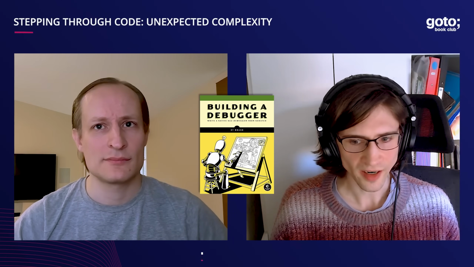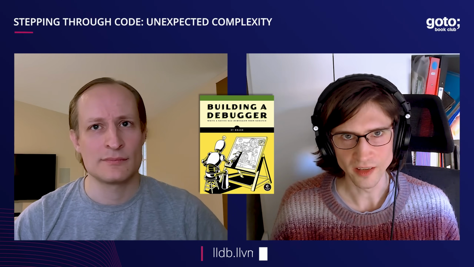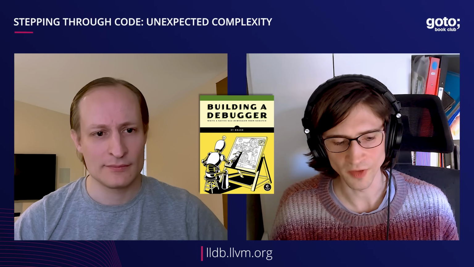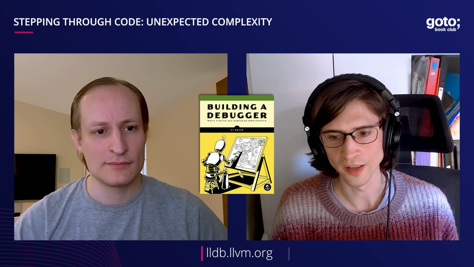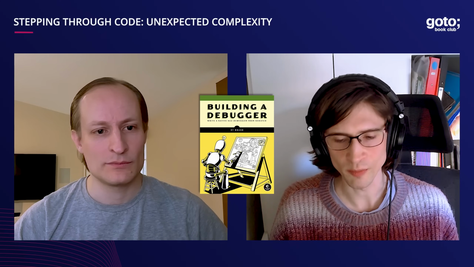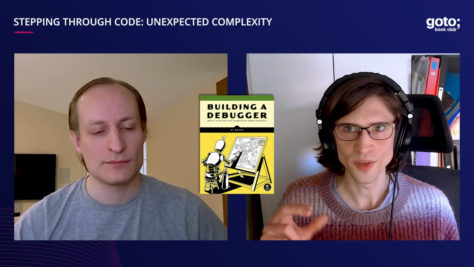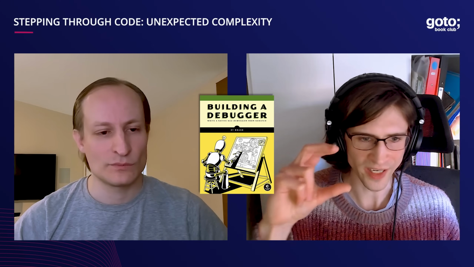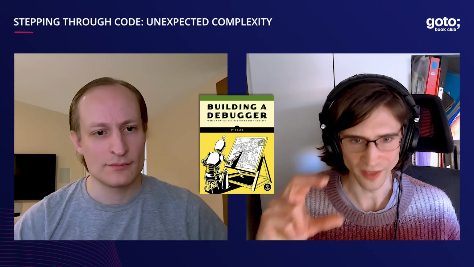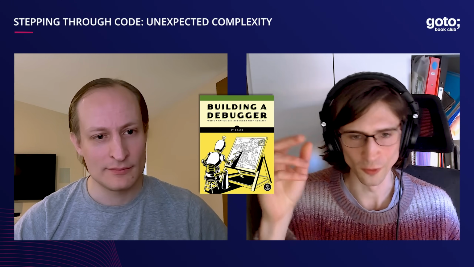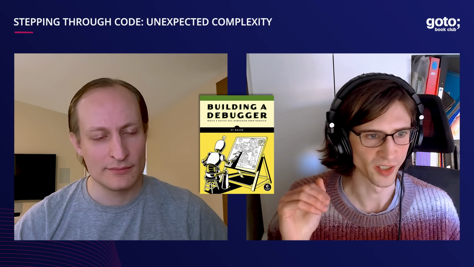I quite like how LLDB, LLVM's debugger, deals with this. They have the concept of thread plans, where you have a stack of thread plans which say, okay, I'm currently trying to step over this range of program counter values, and the reason I'm doing that is because the user asked me to perform this kind of step operation.